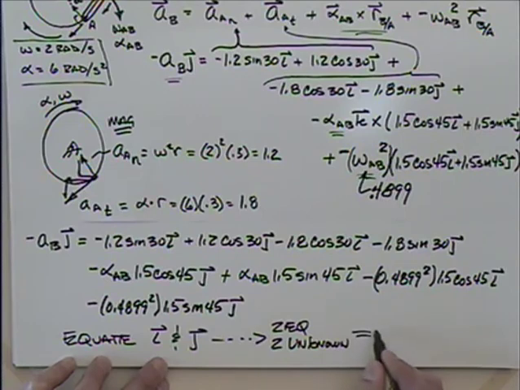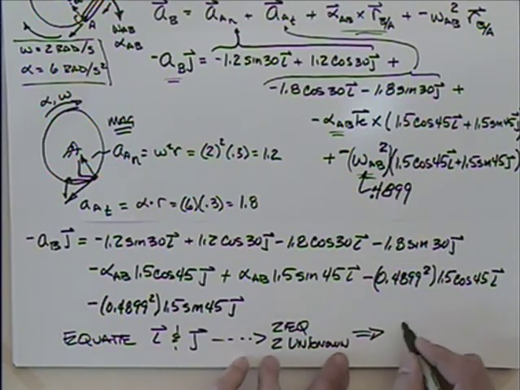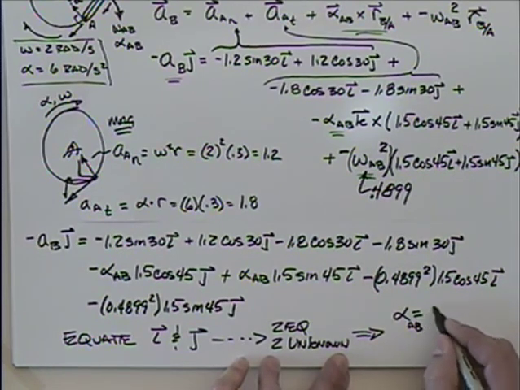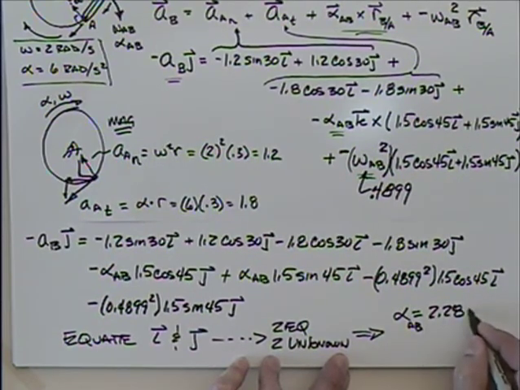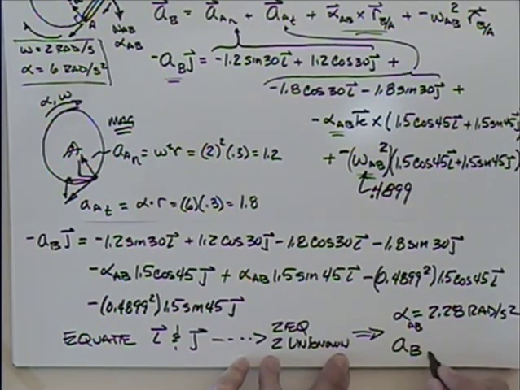And that would then give you the answer that alpha, which is just a byproduct, we really don't care, that was alpha AB, is equal to 2.28 radians per second squared. And what we really wanted to find out is the acceleration of B is equal to 2.53 meters per second squared.